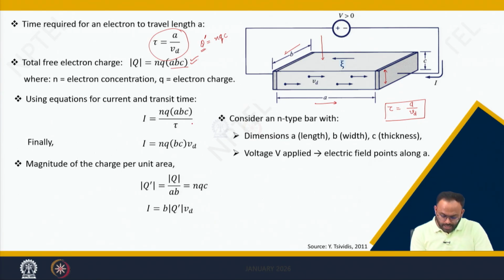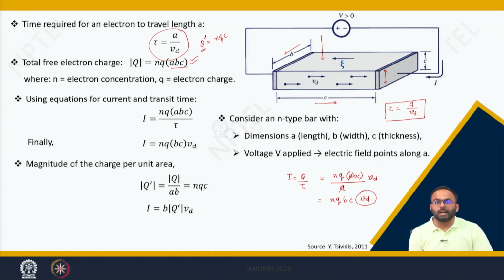Now if I want to write a current equation, the current is nothing but total charge by time. It means N into Q into ABC divided by A into Vd. So this can be written as N into Q into B into C into Vd, where Vd is the drift velocity.